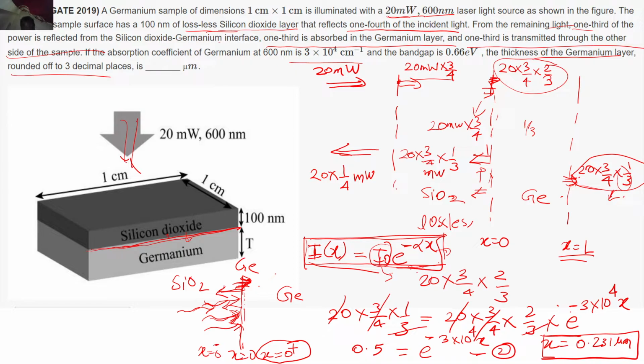Okay, sure. See, what is given to us is that 20 milliwatts of power is there. That 20 milliwatts is actually hitting this composite material, you can say. Now, what they are asking is the thickness of the germanium material. So my job is, we know this formula, only this formula is there with us, but we have to see what is there in the formula first.